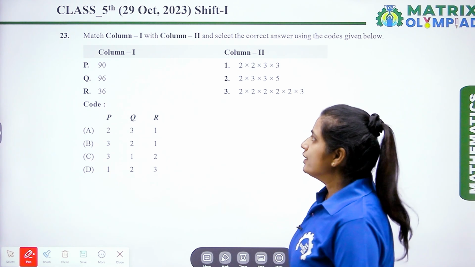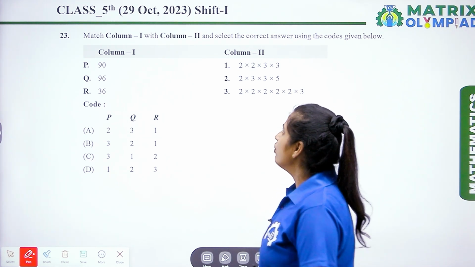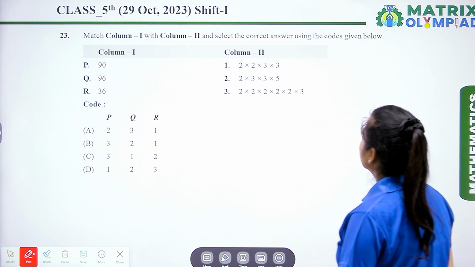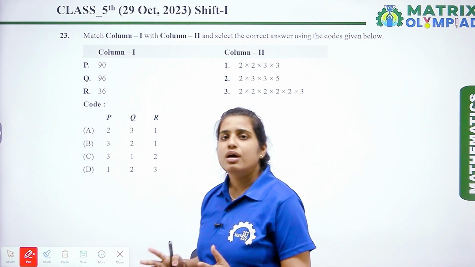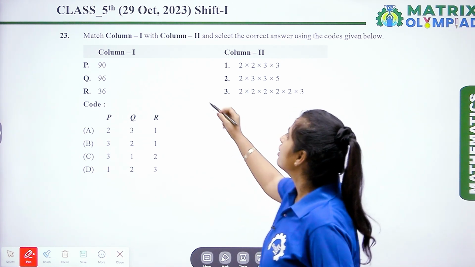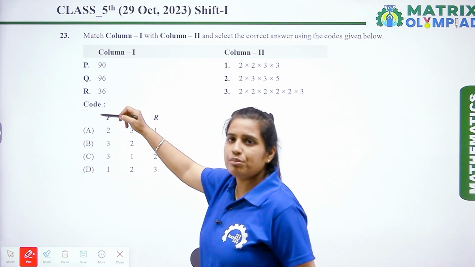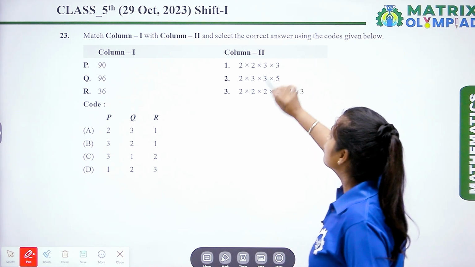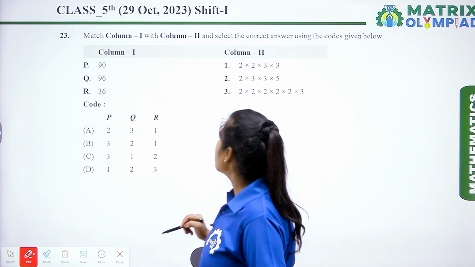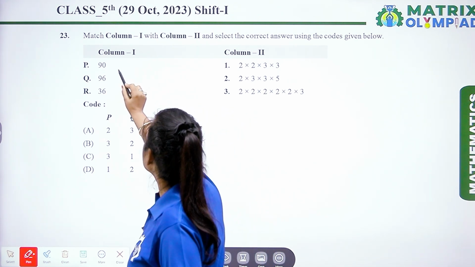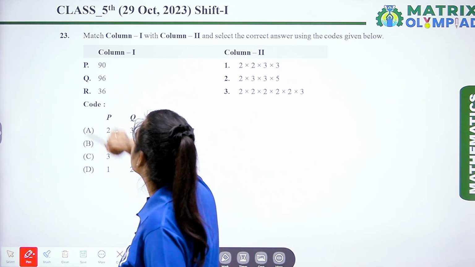Now the next question is question number 23. Match column 1 with column 2 and select the correct answer using the code given below. Here we have to match again. In column 1 we are given the number and in column 2 we are given the correct prime factorization of these numbers. So let's match the correct number with the correct prime factorization. Here the number is 90.